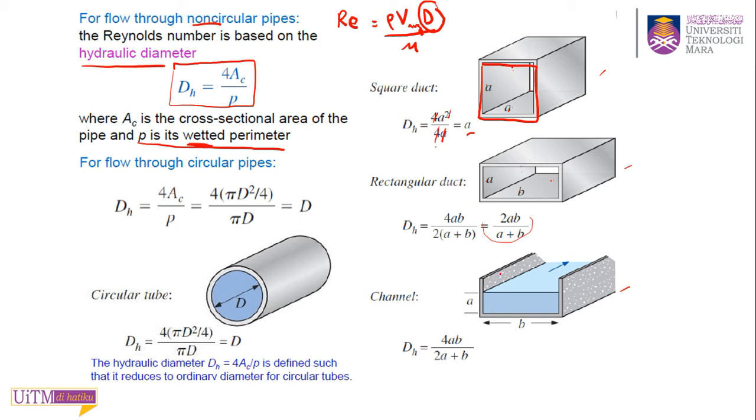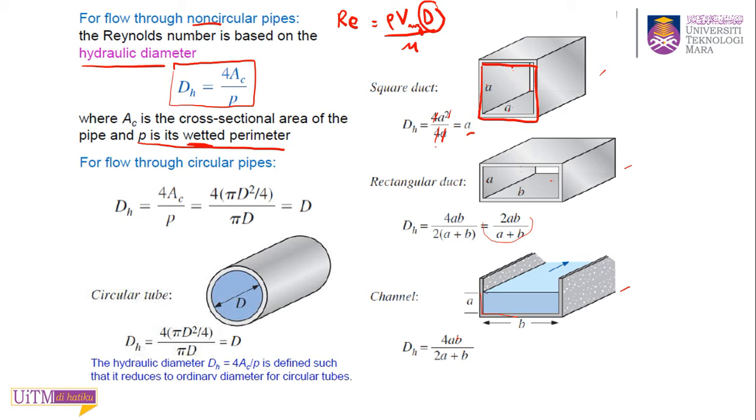Similarly for an open channel, you need to use the same equation, 4 times area, and we know it says here the wetted part, where the water is. So the area is A times B, and of course they give you the height of the fluid.